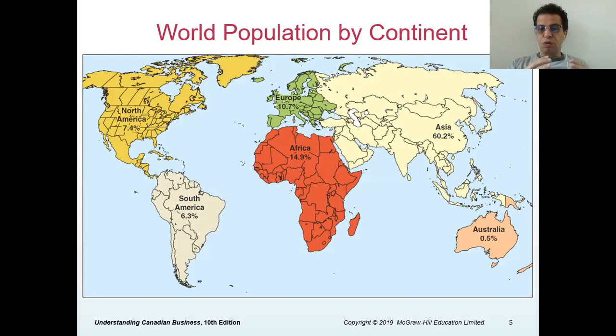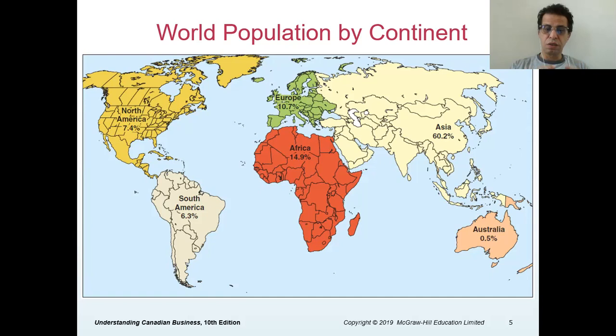If we look at the world population, we notice that Asia is considered the most populated area, with about 60%. After that comes Africa with almost 15%. Europe is almost 11%. North America is 7.4%, South America is 6.3%, and Australia is not even 1%, at 0.5%.